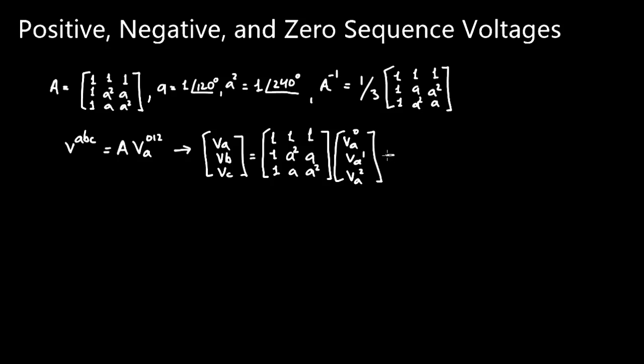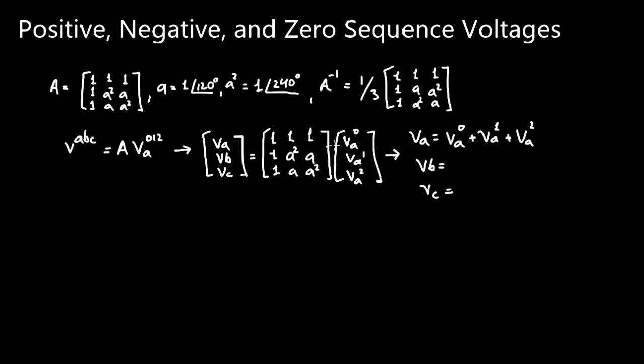Or we can also write this in terms of the actual equations. So then we can say that VA, or the A phase voltage, is going to be equal to the summation, as we would expect, of all the sequence components for the A phase. So that would be equal to VA0 plus VA1 plus VA2. And then likewise we could calculate VB and VC.